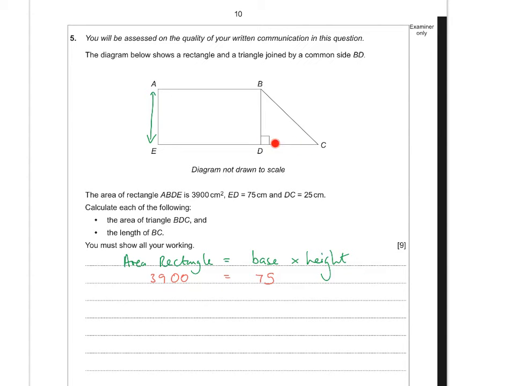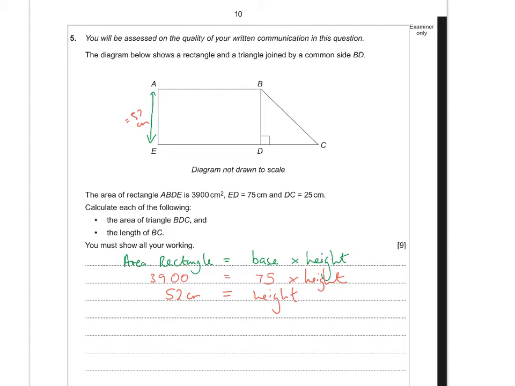That's the whole thing going past the rectangle. And then times by the height. I don't know what the height is. So to find out what the height is, I'm going to divide both sides by 75. So 3,900 divided by 75 works out at being 52 centimetres is equal to the height. Okay? So I now know this is equal to 52 centimetres.